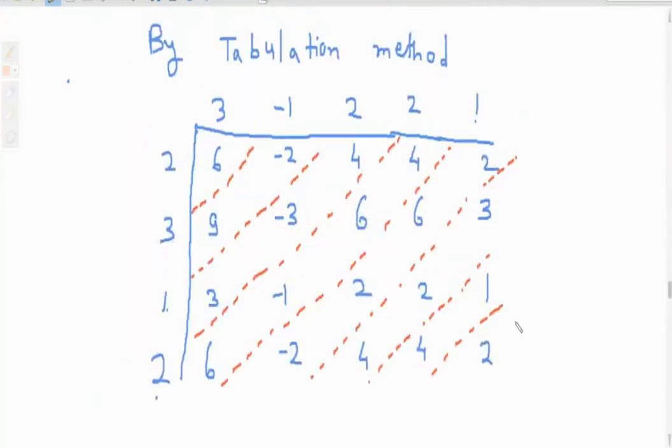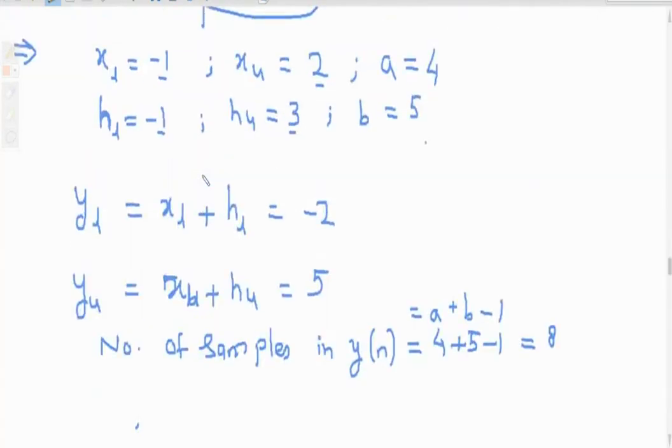After this one value 6, the second value will be 9 minus 2, that means 7. Okay. So now we have to do the addition. But what will be the value of y? For that, go for the lower limit and upper limit. So what is the lower limit of y of n? Lower limit of y of n is minus 2.